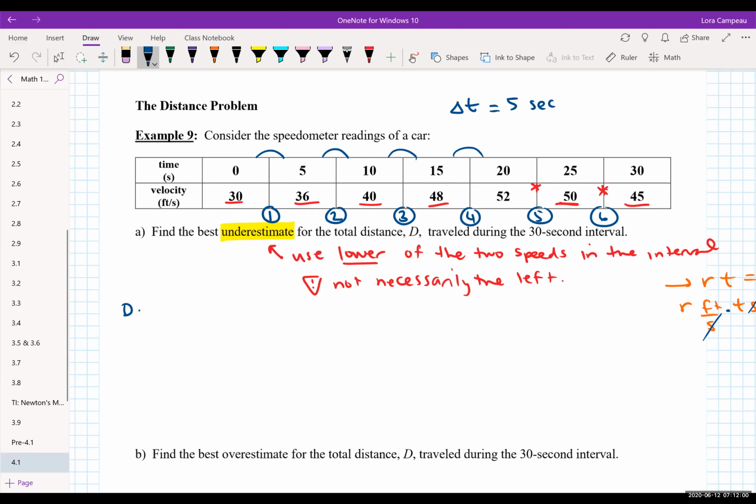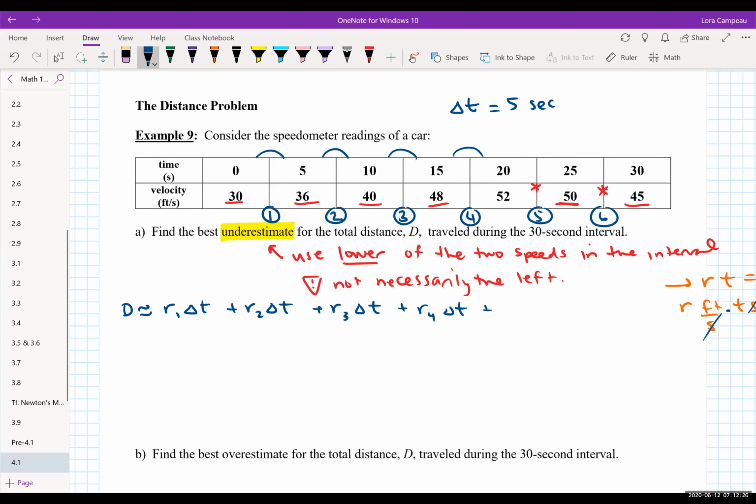I have estimate of distance. Really what we're looking at is always the rate times delta t. So that's the first interval. Second interval, rate times delta t. Third, R3 delta t. Fourth, R4 delta t.